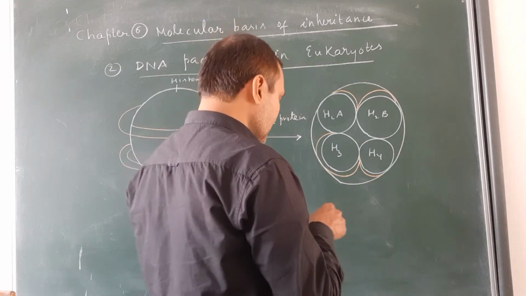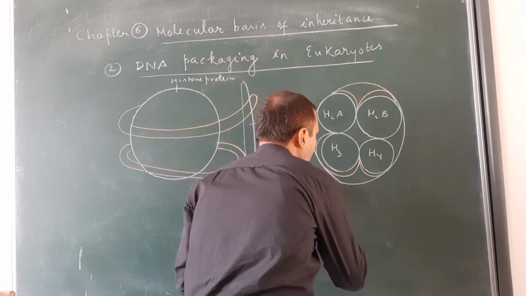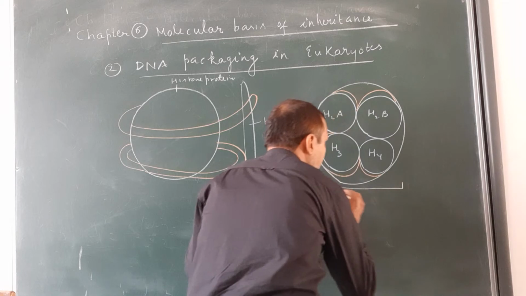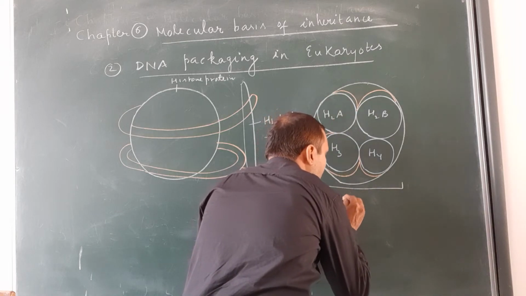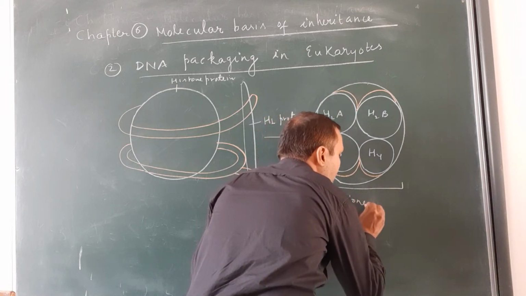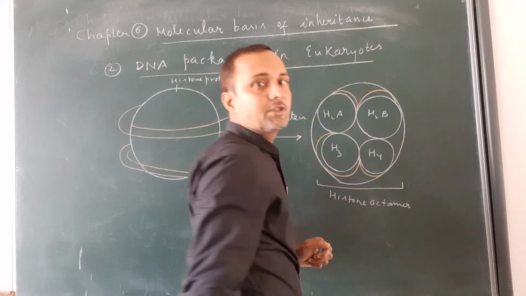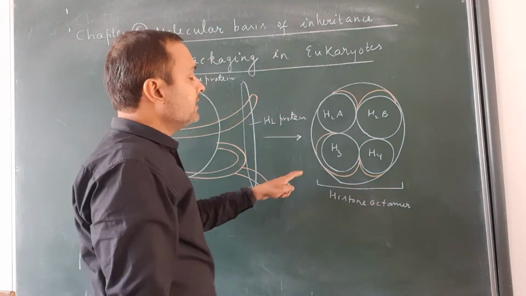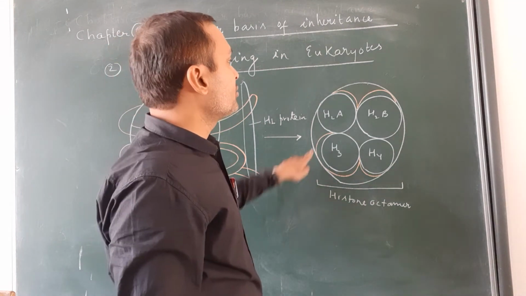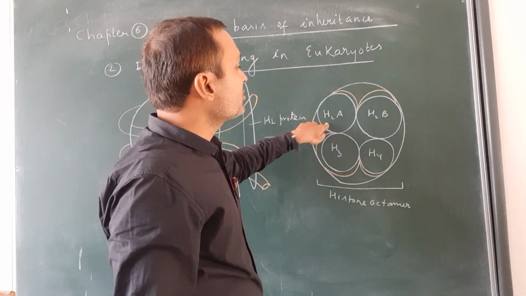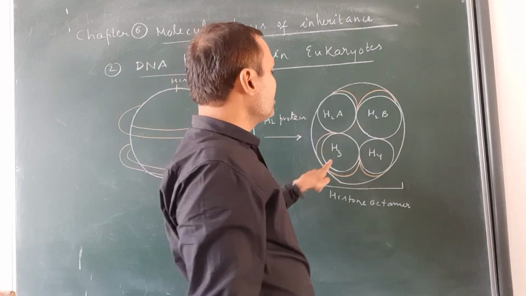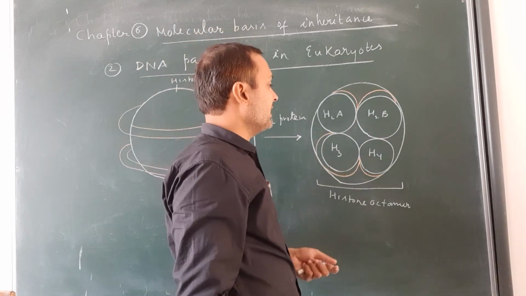This spherical unit is known as the histone octamer because it contains 8 subunits.